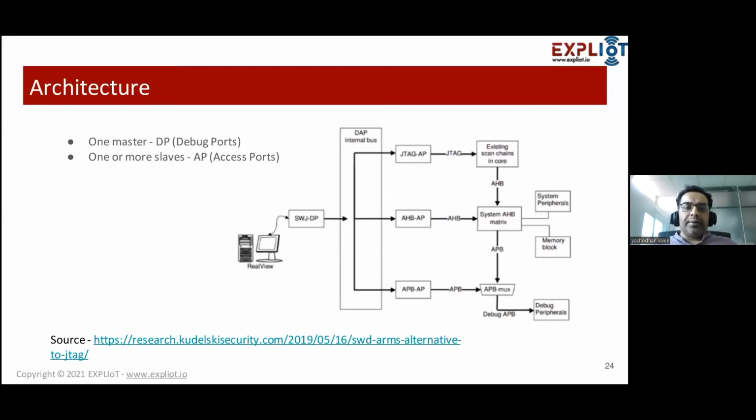And of course, it is again master and slave communication. When we have only one master and one slave, that's what we call a debug port. If you have multiple slaves in a production level, when you have to program many devices, then it is termed an access port.